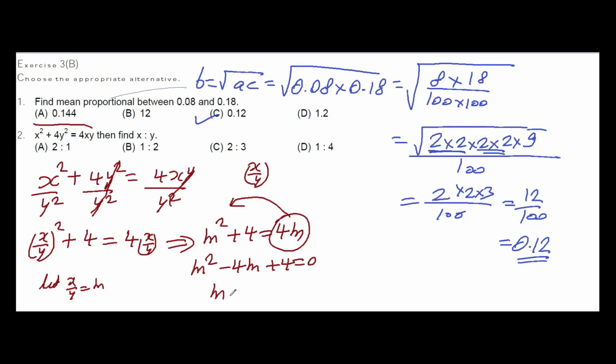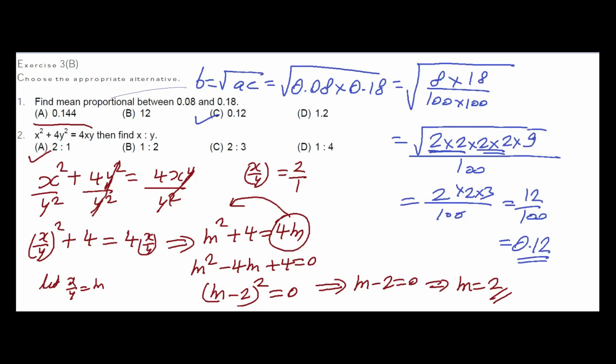This I can write as m minus 2 the whole square is equal to 0. When I solve this, I will get m minus 2 is equal to 0 and the value of m is 2. So x by y, which I have assumed as m, I am getting as 2. So 2 is to 1 will be the answer. So A will be the answer for this. Okay.